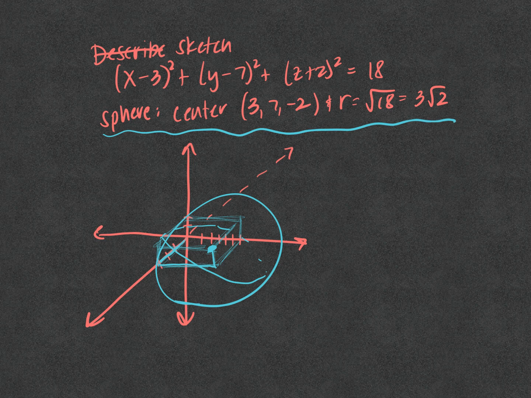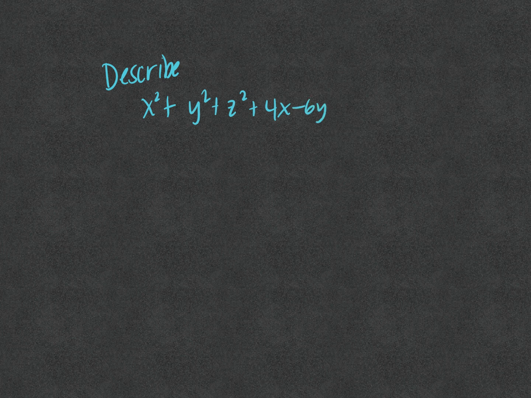Now this gets a little more interesting when it says describe. And the problem says x squared plus y squared plus z squared plus 4x minus 6y plus 2z plus 6 equals 0.